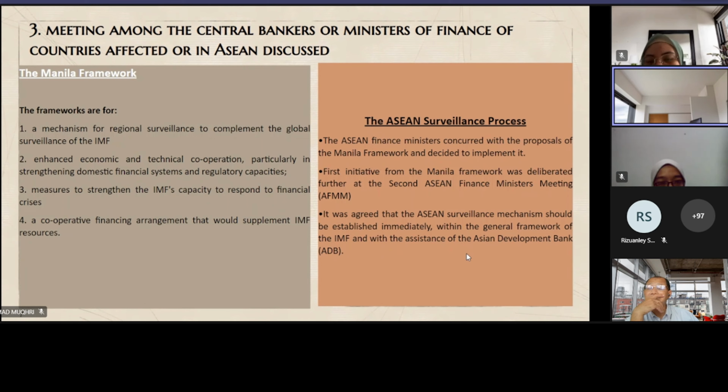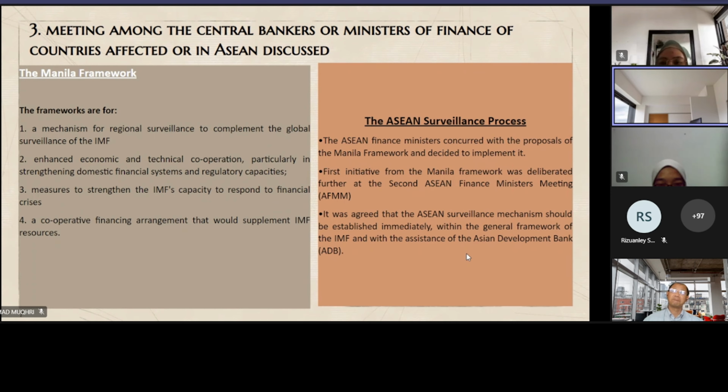And for the ASEAN surveillance process, it happened in Kuala Lumpur weeks later. The ASEAN finance ministers concurred with the proposal of the Manila Framework and decided to implement it. The first initiative from the Manila Framework was deliberated further at the second ASEAN Finance Ministers' Meeting, AFMM, on 28 February 1998 in Jakarta.